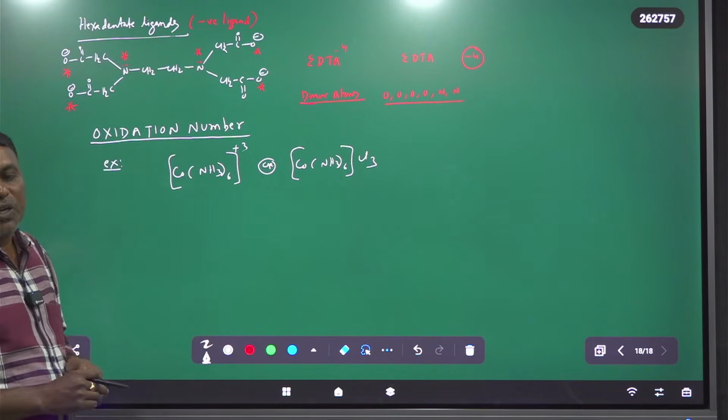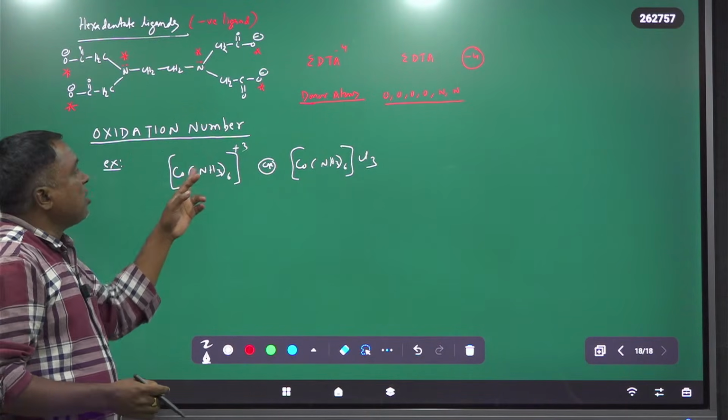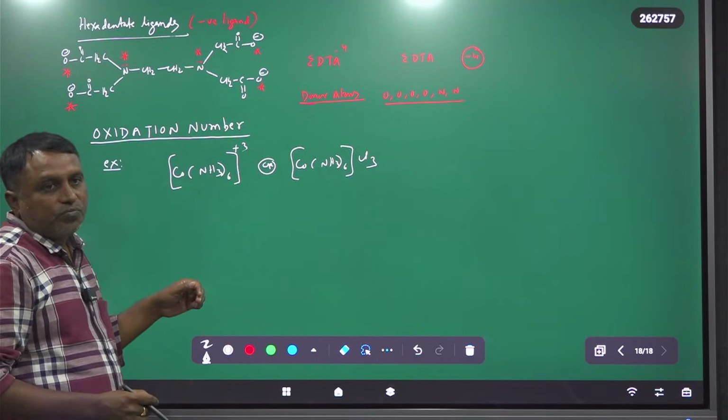So, oxidation number is defined as what now? It is defined as the charge carried by the central metal atom.